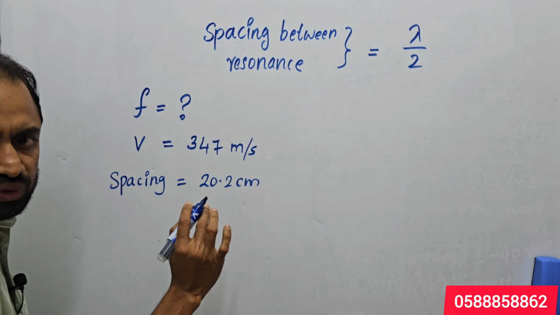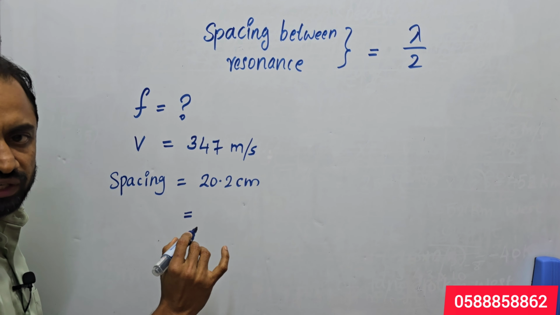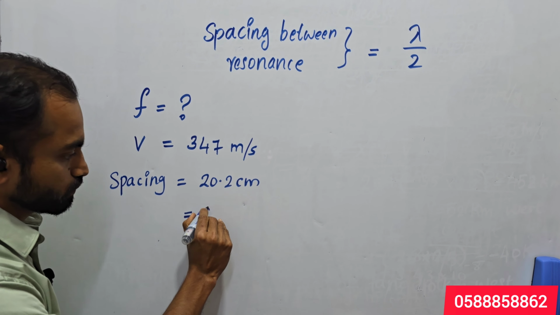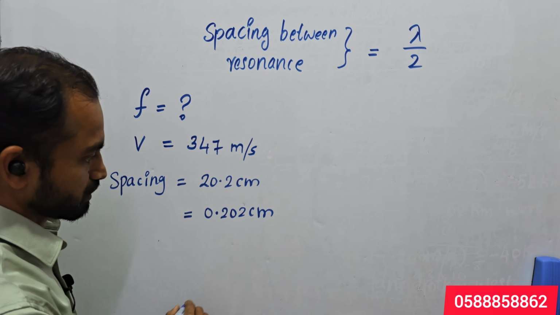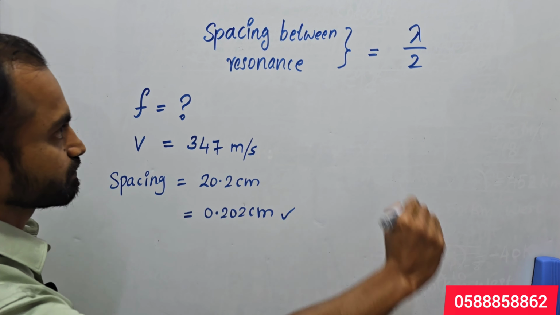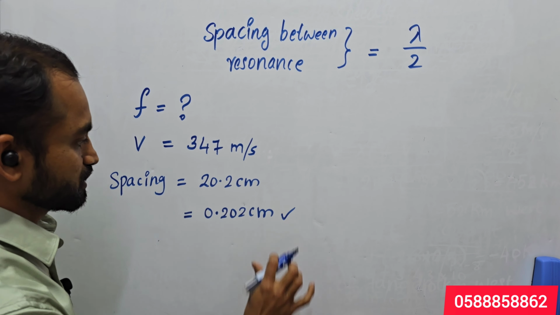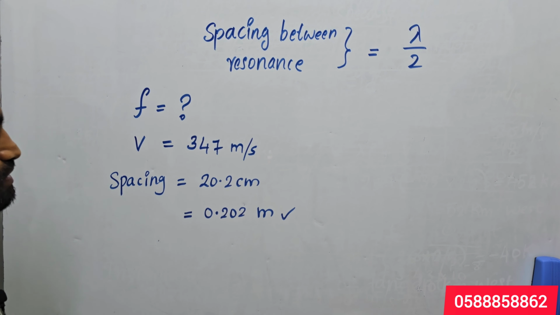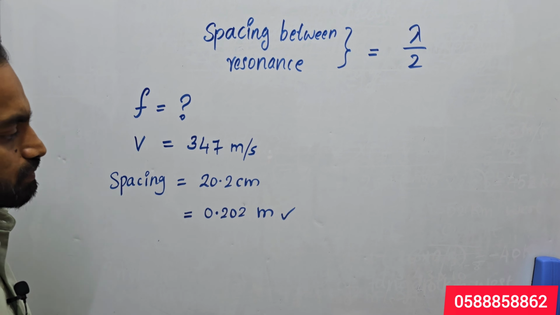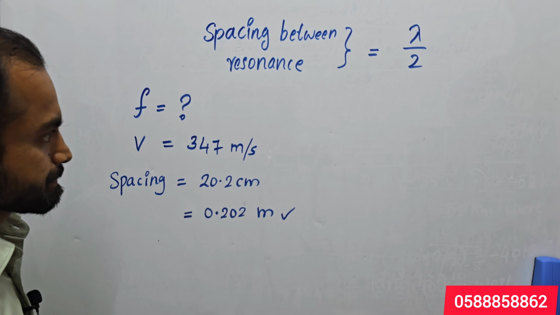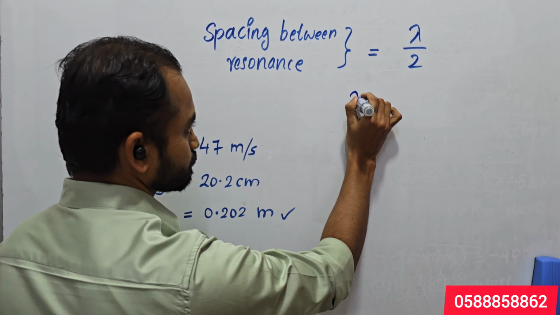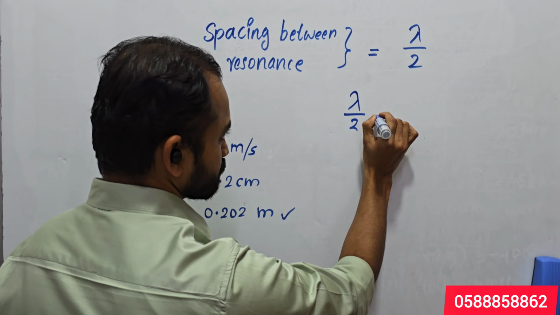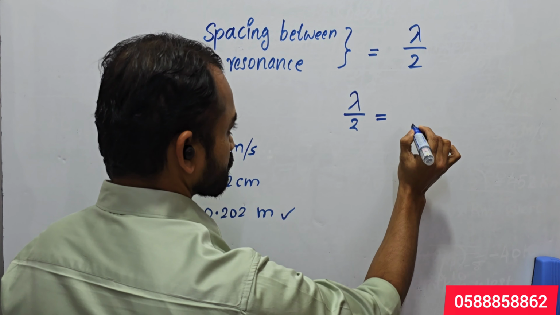So 20.2 divide by 100, that is equal to 0.202 meter. Okay, very good. That is correct. Then, yes, now it is in meter. Yes, very good.